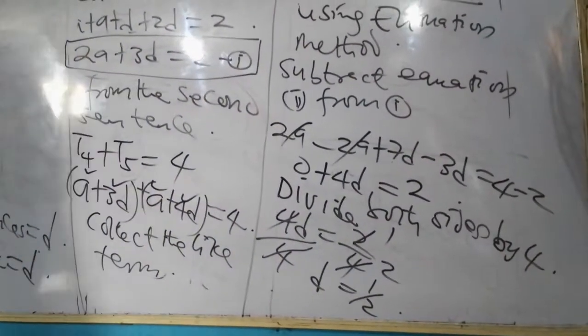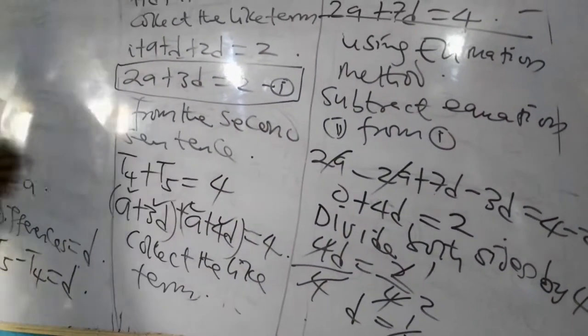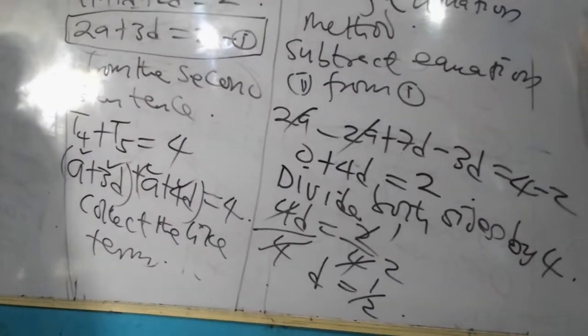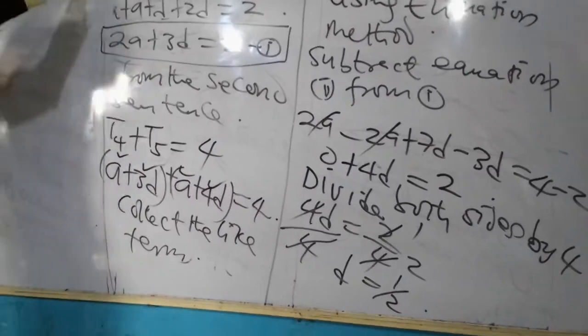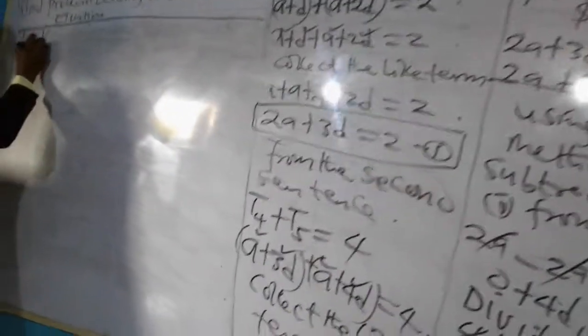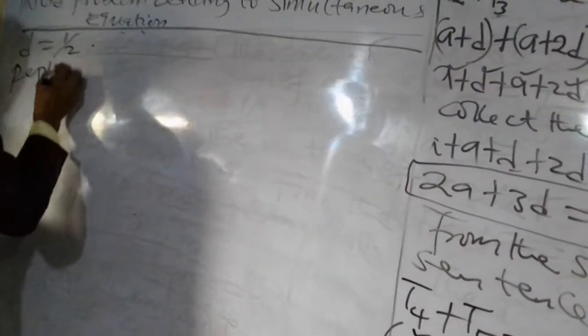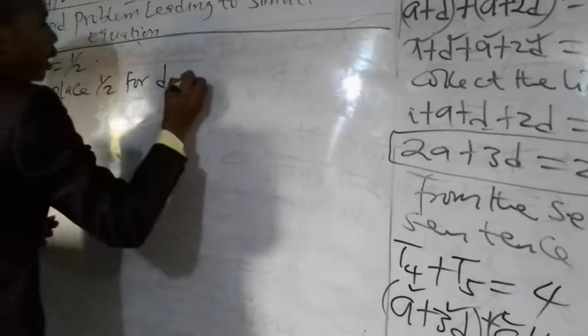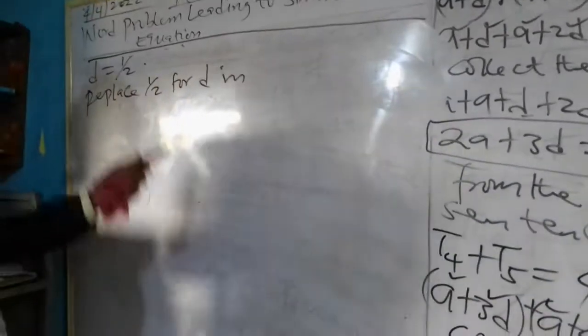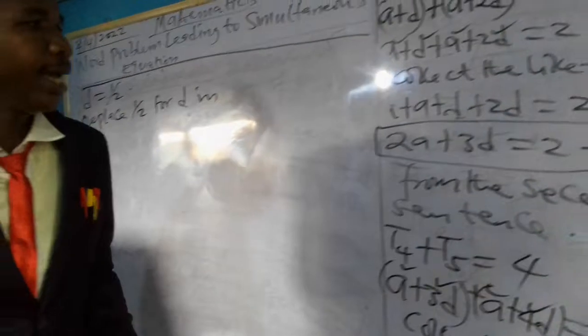Our common difference is 1 over 2. Then we substitute 1 over 2 for D in any equation.